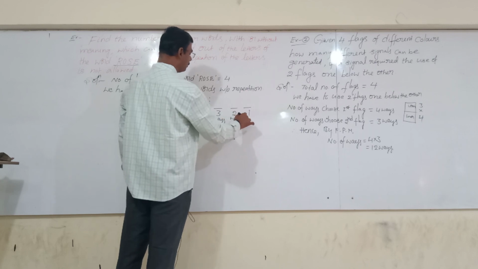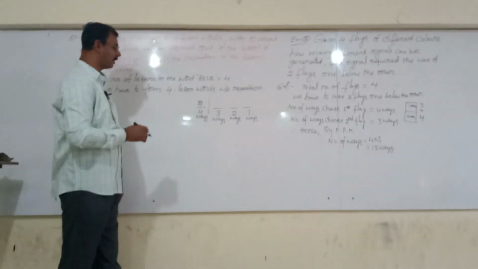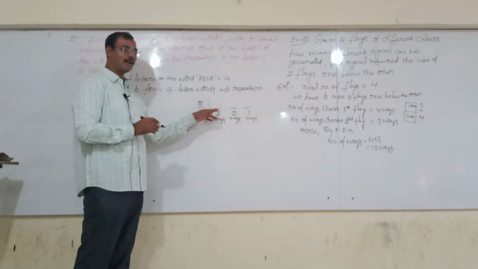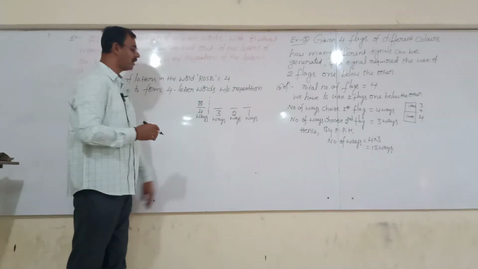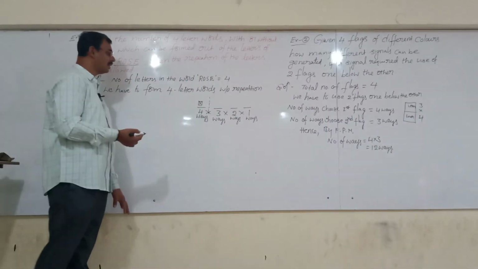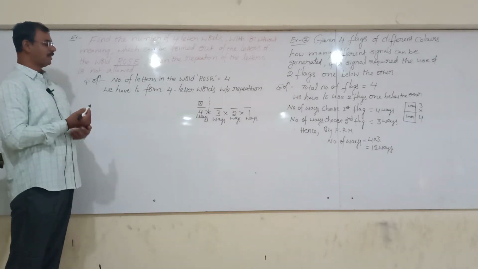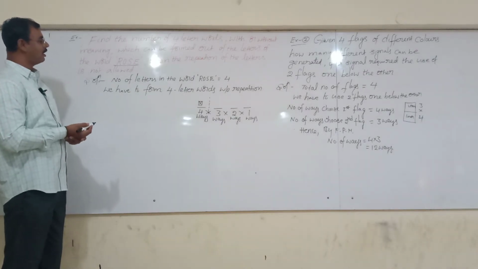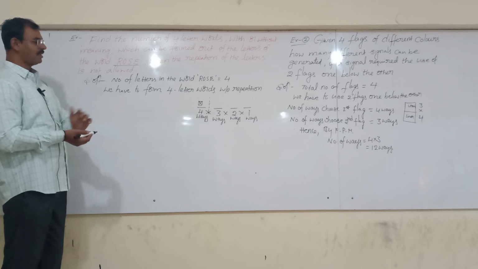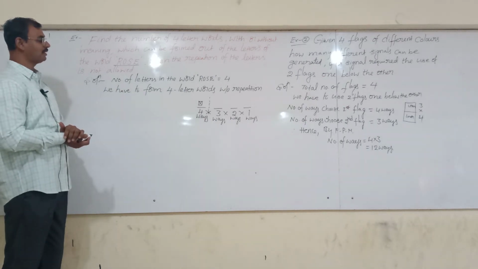So what do I do, add or multiply? Multiply. Why? Because of the word 'and then', meaning further steps, so we should multiply these values. The number of ways to fill the first place equals 4 ways. The number of ways to fill the second place equals 3 ways. The number of ways to fill the third place equals 2 ways.